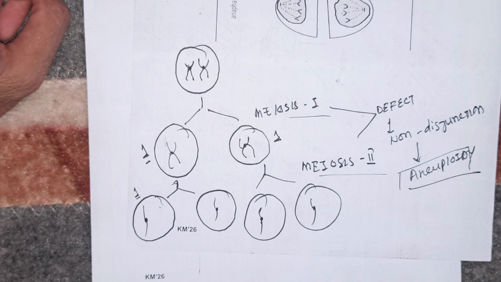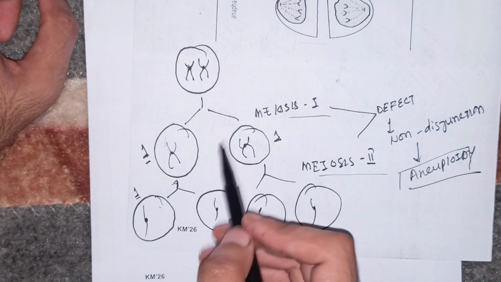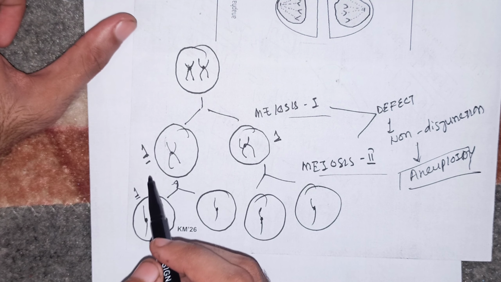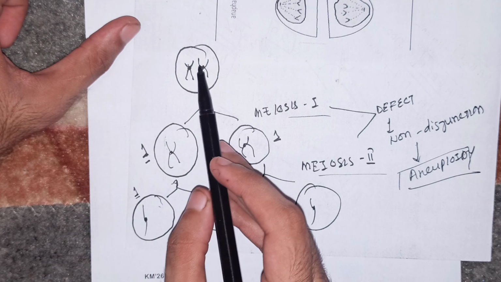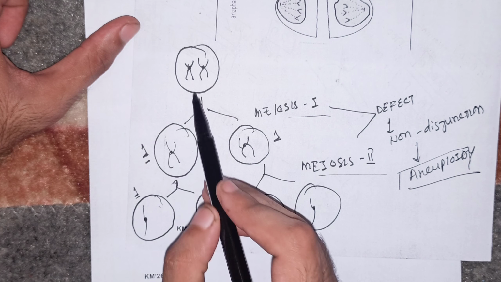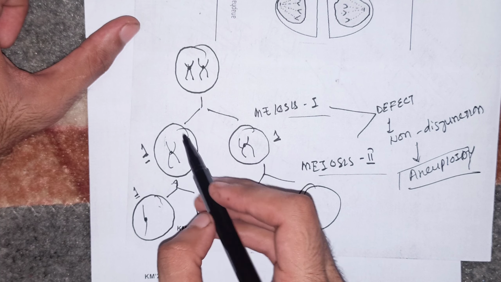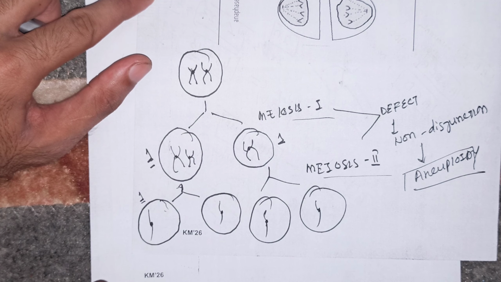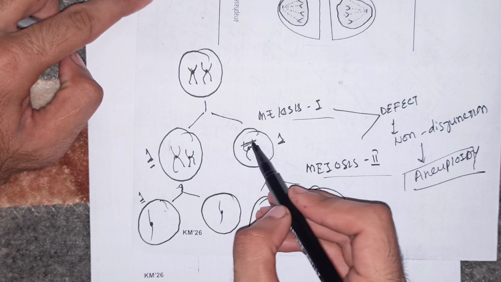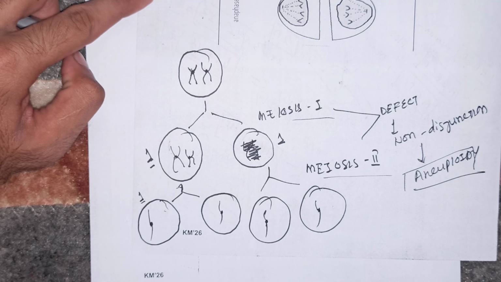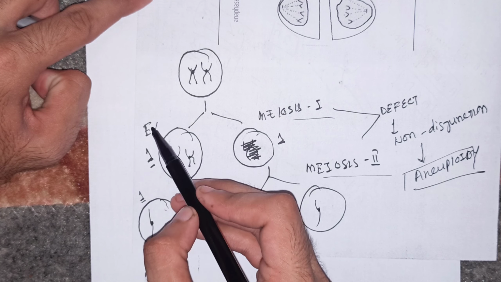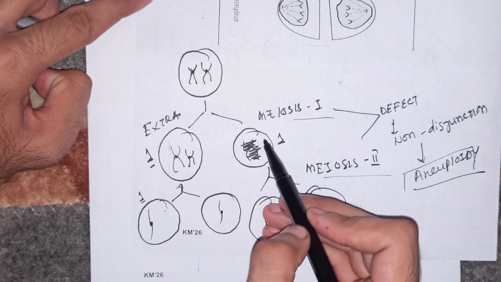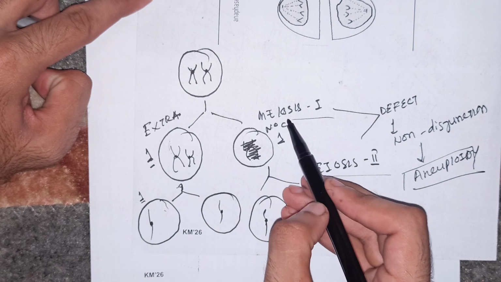So what can be the defect at the level of meiosis 1 and meiosis 2 that leads to aneuploidy, that is, alteration in the chromosome number? What non-disjunction, what defect can happen in meiosis 1? The defect can be that instead of these two chromosomes dividing equally, both chromosomes remain in one cell, and this cell gets nothing. So one cell gets an extra chromosome and the other cell gets no chromosome.